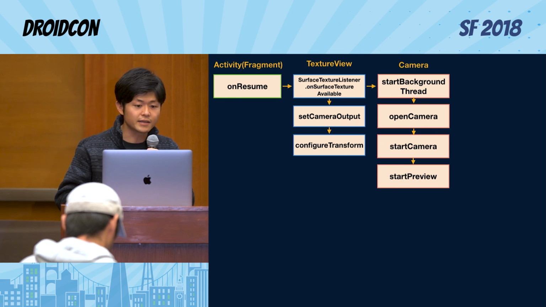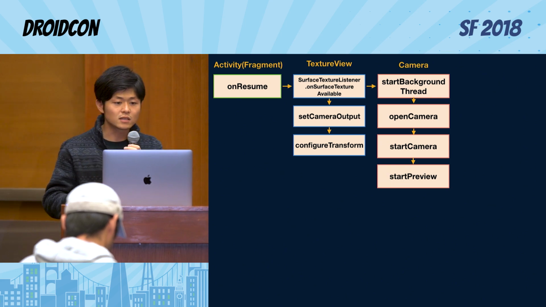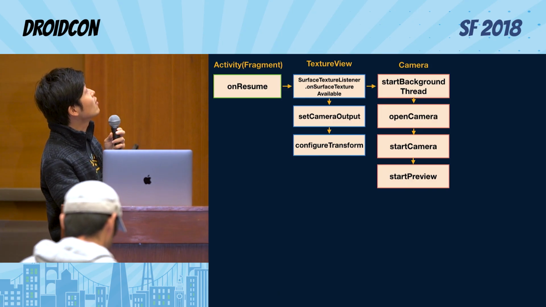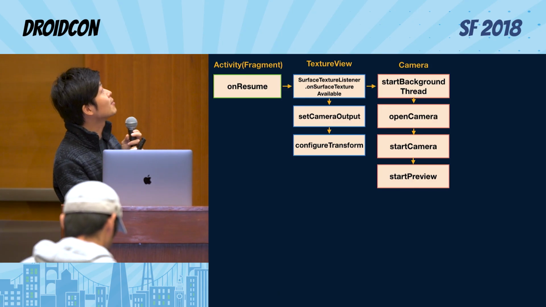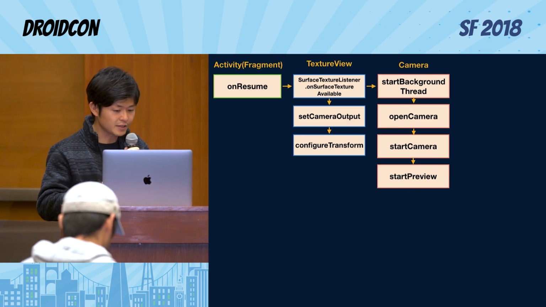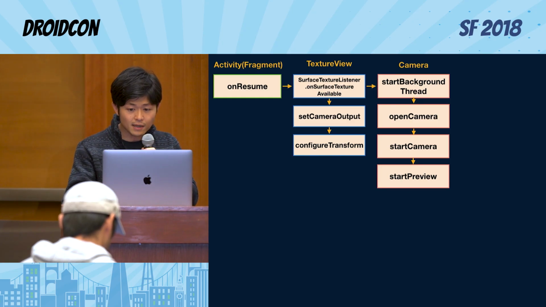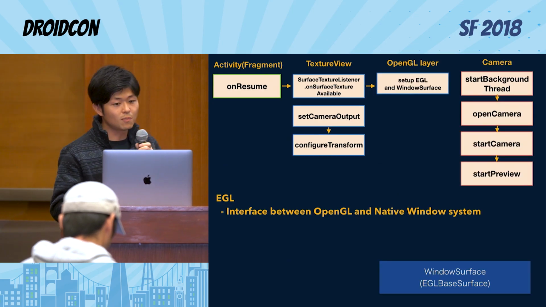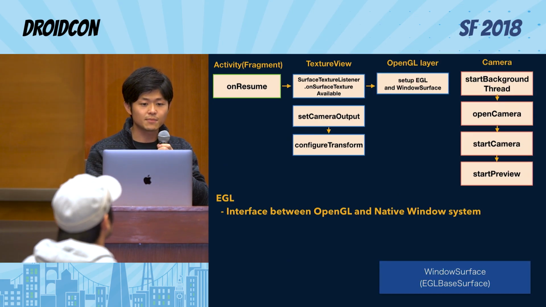And here's a diagram that shows the flow of camera launch. Usually, when the surface texture is ready, we open the camera, we start the background thread, and then we do all the preview calculation and whatnot. But when we want to use the OpenGL layer, we need to intercept that process.